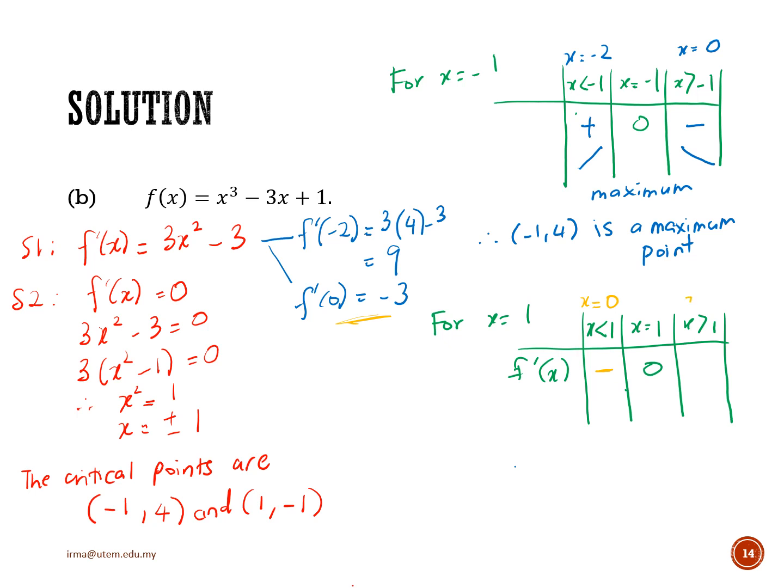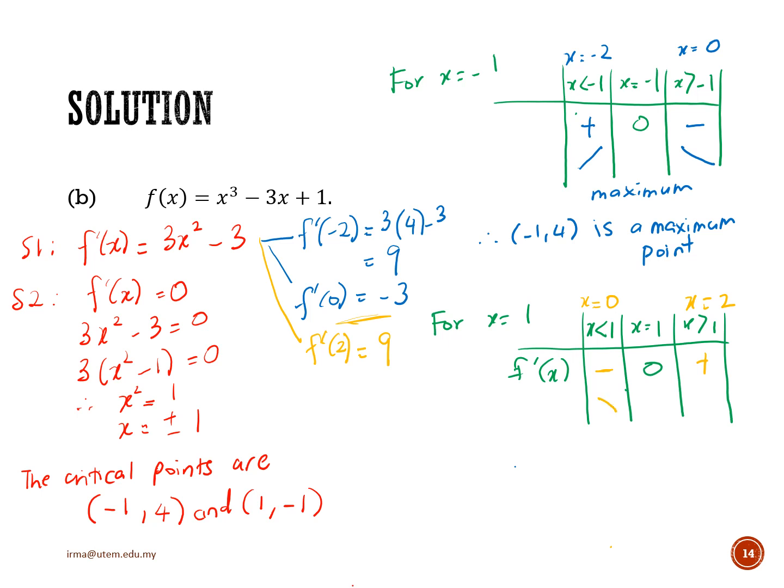For example, we choose x equal to 2. You'll have f prime 2. So you will get what? You will get the same answer, which is 9. So you will have positive here.